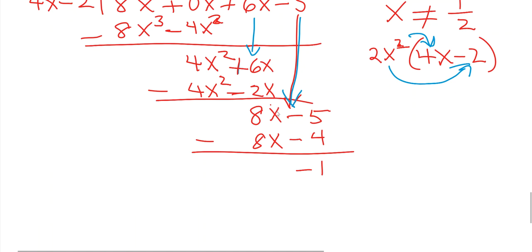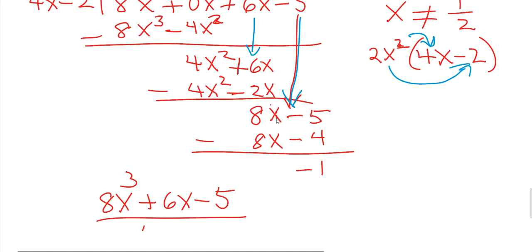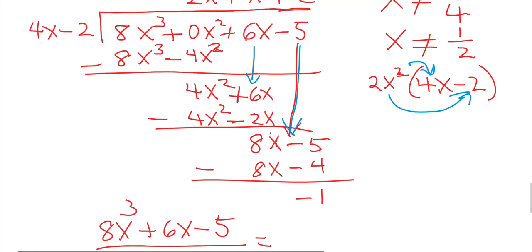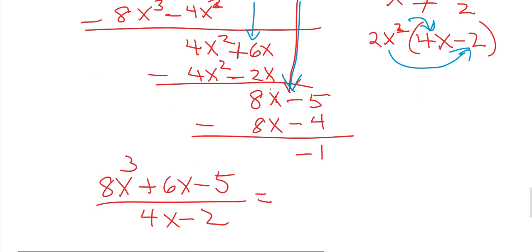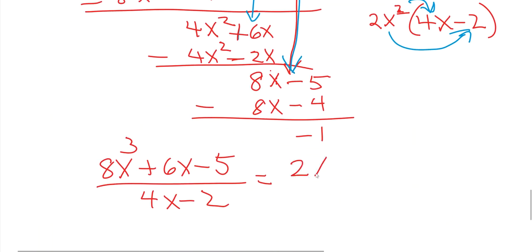Let's just write it this way. 8x cubed plus 6x minus 5 divided by 4x minus 2 is equal to 2x squared plus x plus 2 with a remainder of 1 over 4x minus 2.